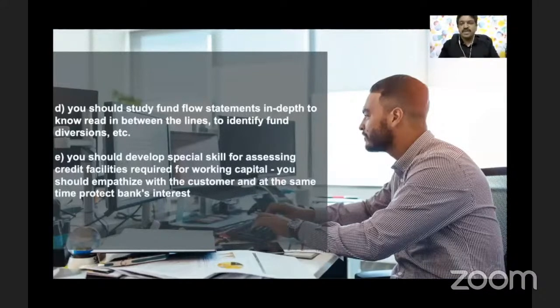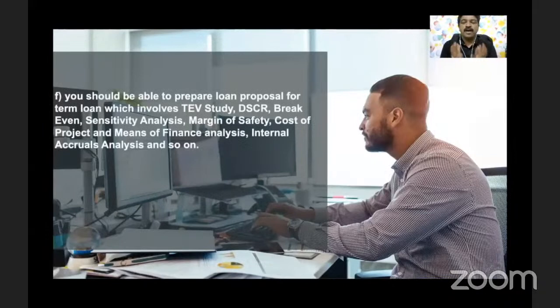Here you have to empathize with the borrower, but at the same time you should also protect the bank's interest. Next, you should be able to put up a comprehensive loan proposal if a borrower comes for a term loan for putting up a project, because this requires a viability study. You have to look into their repayment capacity, DSCR, FIRR, break-even, sensitivity, and so on.